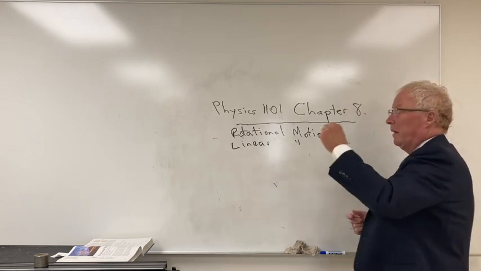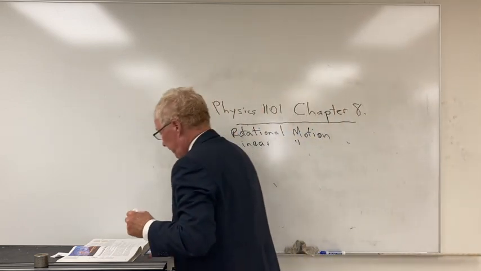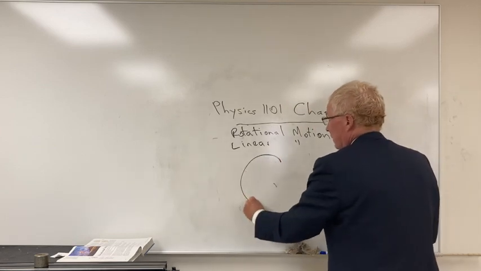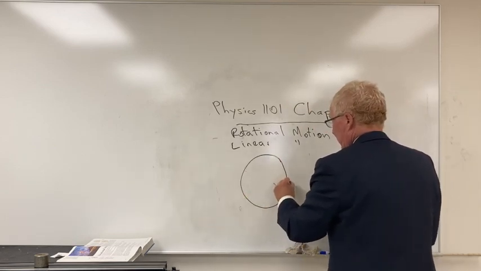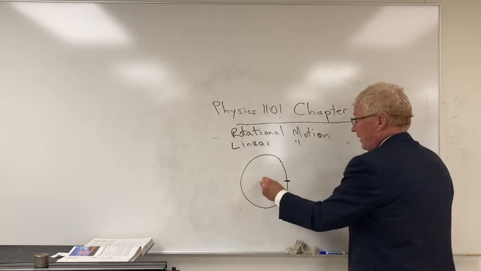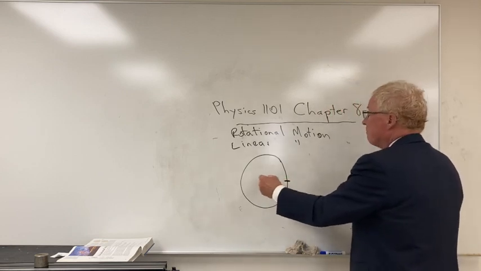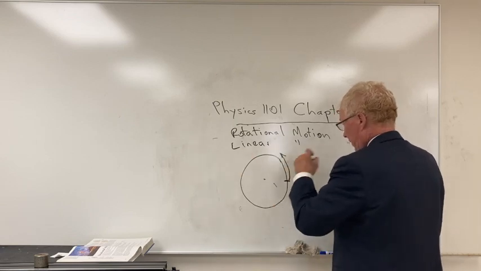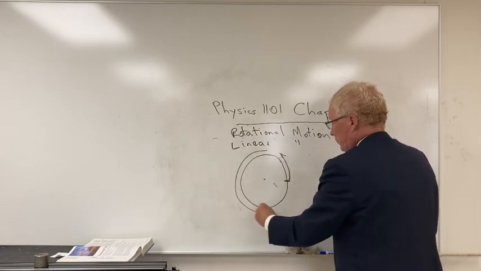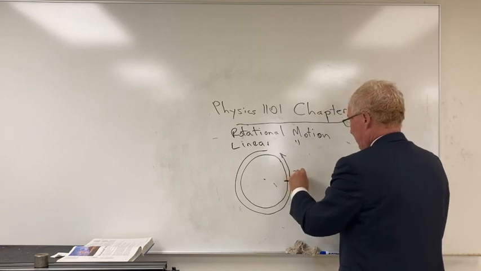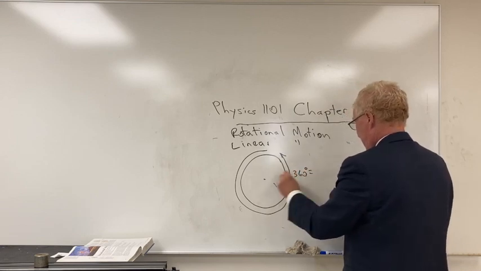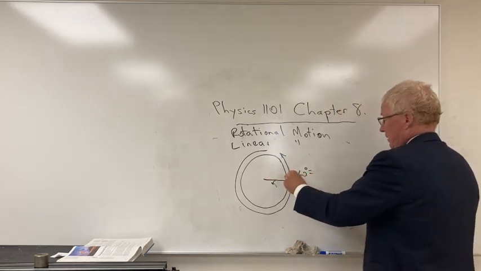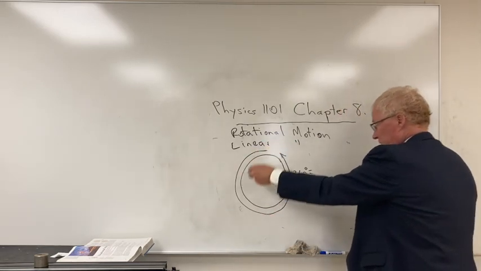This will be based on the fact that if we are moving in a circle, we again start from the x-axis and rotate counterclockwise. In a full circle, there are 360 degrees. And if this is the radius r, this in terms of degrees is 360.